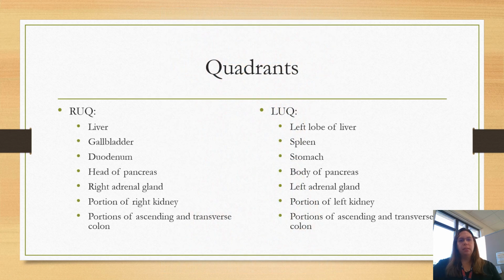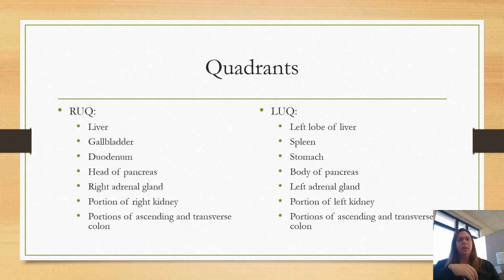Okay, so quadrants, these are just listed out. We'll see it in a picture in a couple of slides. This isn't something for you to necessarily just sit down and memorize so that you could say a portion of the right kidney is in the right upper quadrant. It's more to say, okay, my patient's pain is here. What's even underneath there? What am I even concerned about?